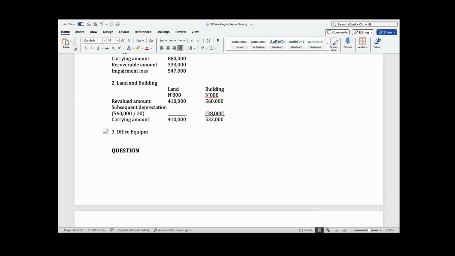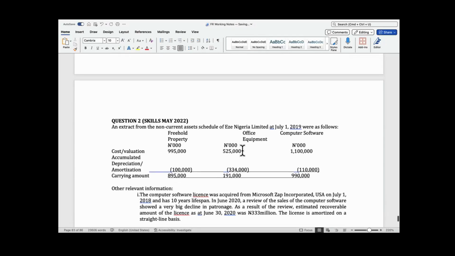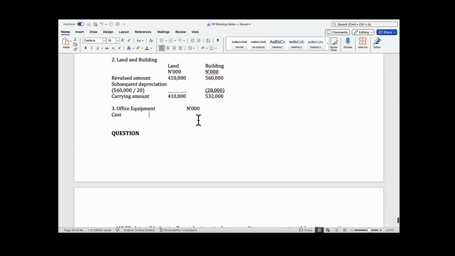So to get the value of office equipment in this case, I will get the cost of the office equipment, which is 525 as given here. Then there were additions, which is 128 plus 22, which is 150. Now the total is 675.